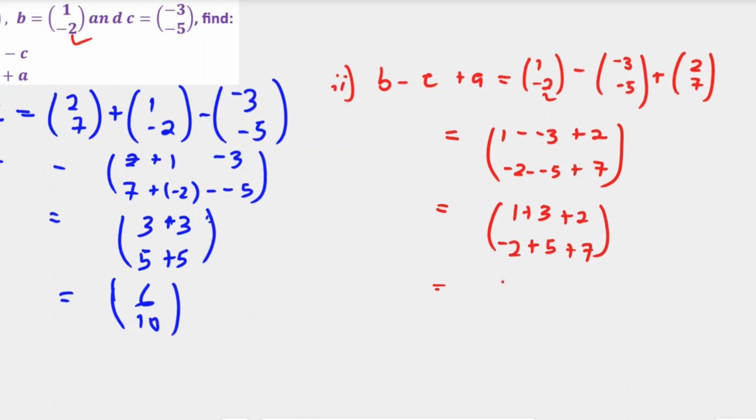So let's get our final answer. 1 plus 3 is 4, plus 2 is going to be 6. Negative 2 plus 5 is going to be 3, plus 7 is going to be 10. Wow. So coincidentally, we are getting the same answers. 6, 10.